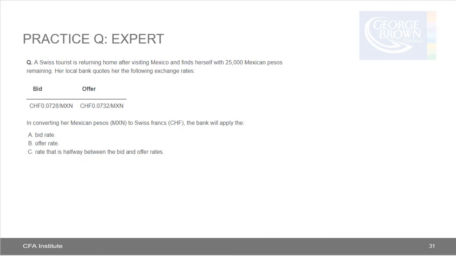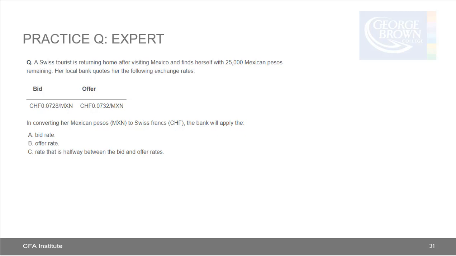So a quick practice question to check our understanding. I don't think this one is too difficult. The question is, a Swiss tourist is returning home after visiting Mexico and finds herself with 25,000 Mexican pesos remaining. Her local bank quotes her the following exchange rates. Bid, CHF, that's Confederation Helvetia or Swiss franc, 0.0728 to 1 Mexican peso.